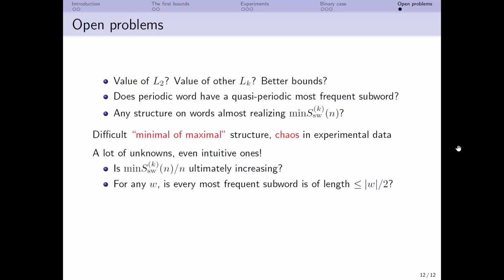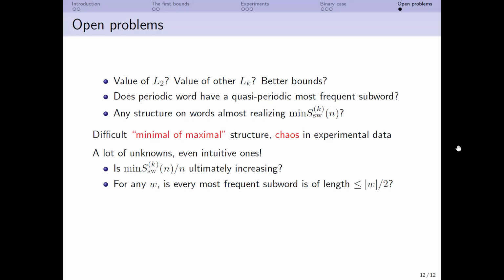However, these problems are quite difficult because of the structure: we are minimizing a maximal value, since the subword entropy maximizes the number of occurrences, and we want to minimize this quantity. So the problem itself has a difficult structure, and we can also see that in the experimental data, which is really chaotic. Even some very intuitive phenomena, we cannot prove.